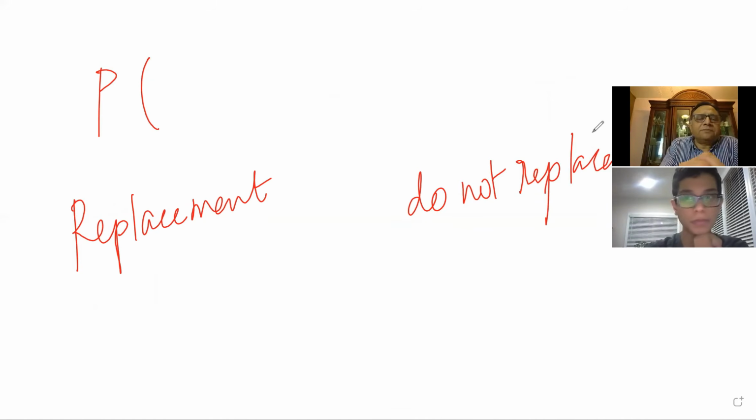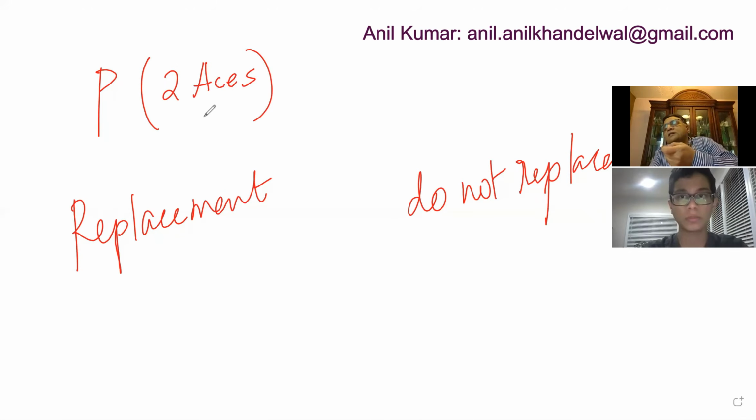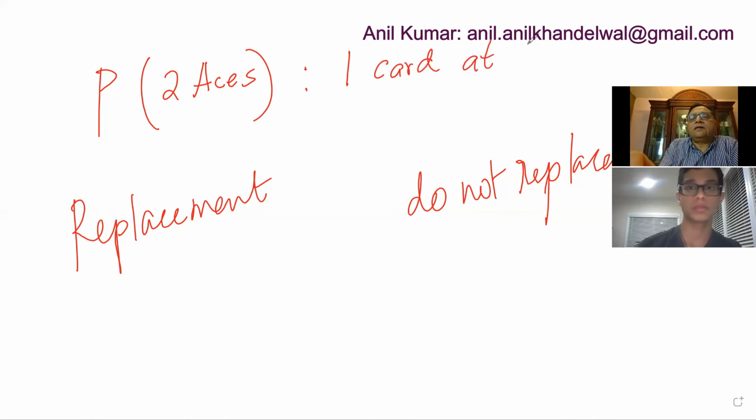For example, let me see what is the probability of getting, let us say, two aces, when I draw one card at a time. So two aces, and we have one card at a time.